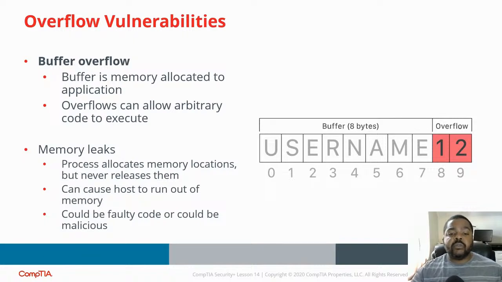So if for most usernames it's between 8 to 12 characters, and let's say there's no buffer and I put a whole script of code into that username box, it may send an error, because remember, servers are there to try to figure things out and understand what you're trying to do.